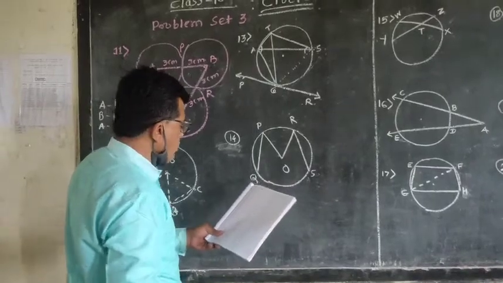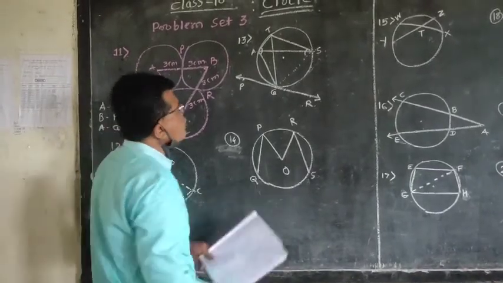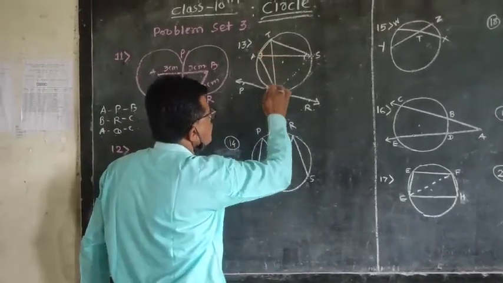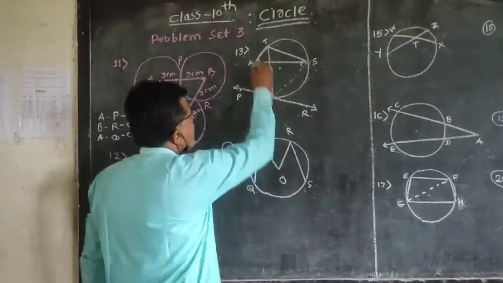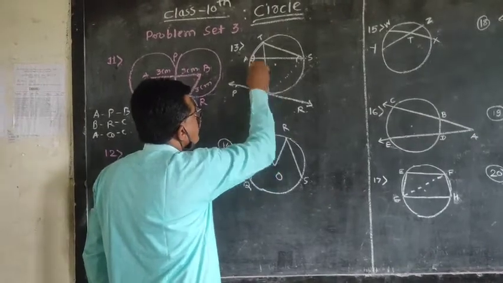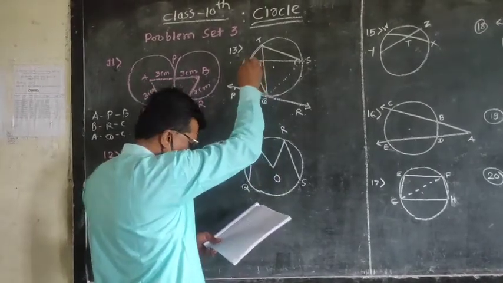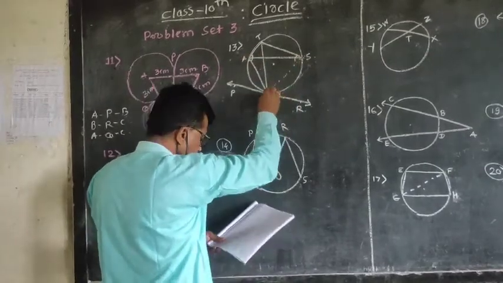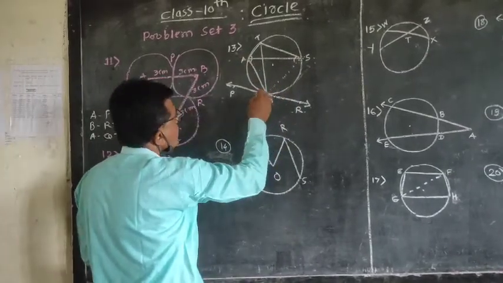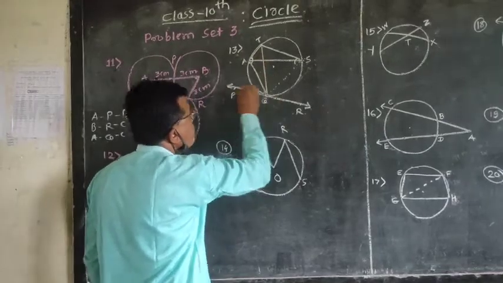the second question is, find the angles which are congruent to AQP. Angle ATQ and angle ASQ are congruent to AQP.